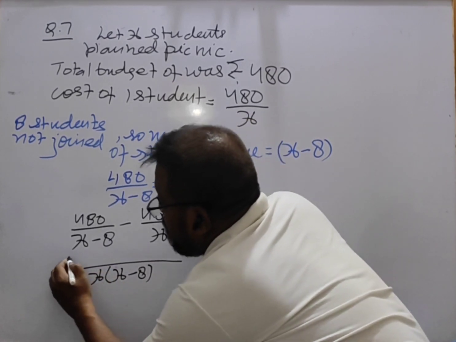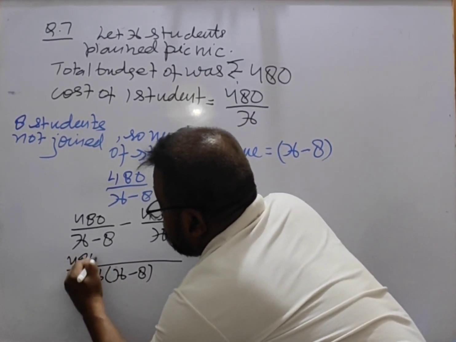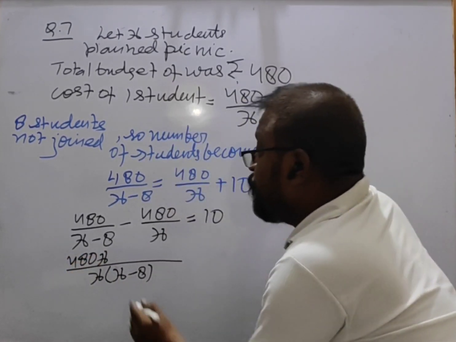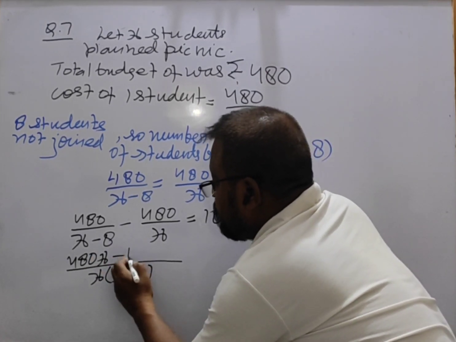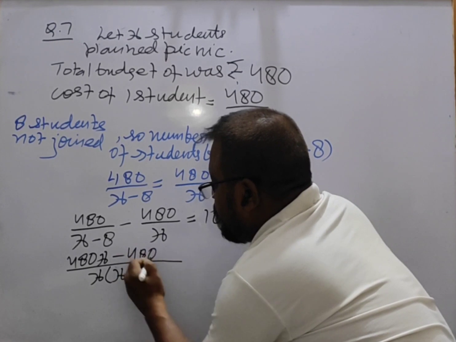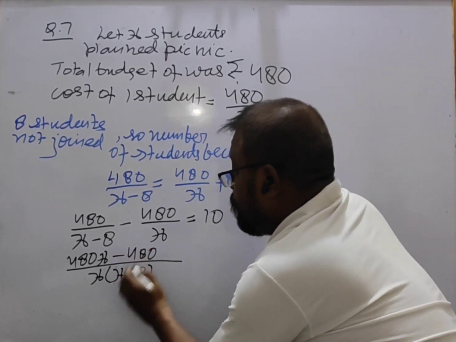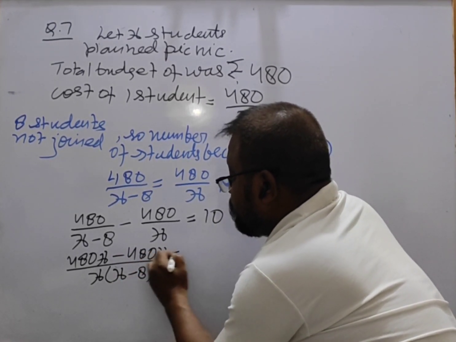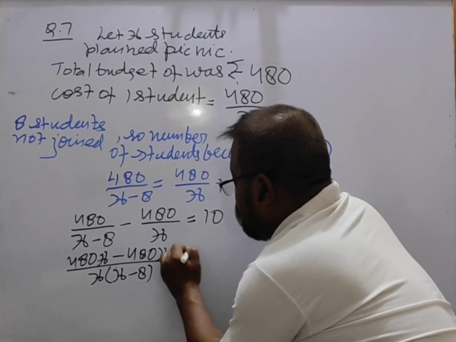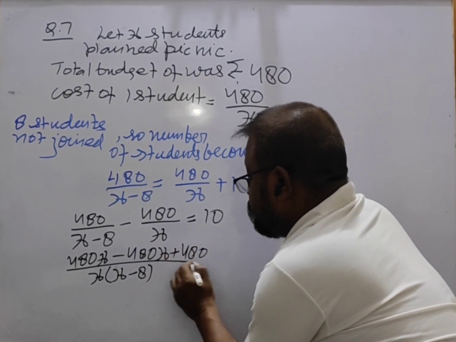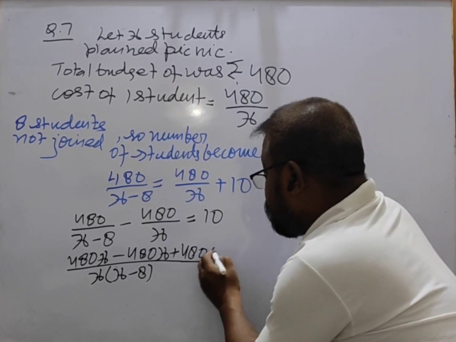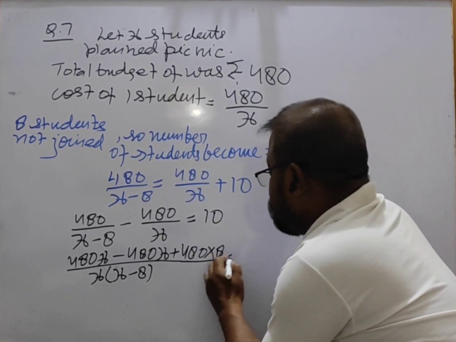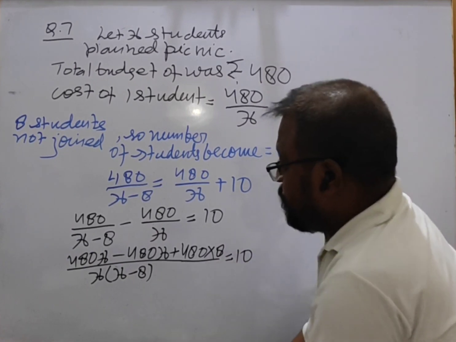So 480x minus (480x minus 480 into 8) is equal to 10, right?